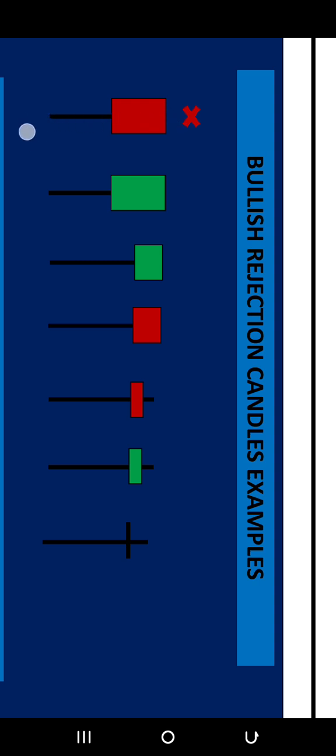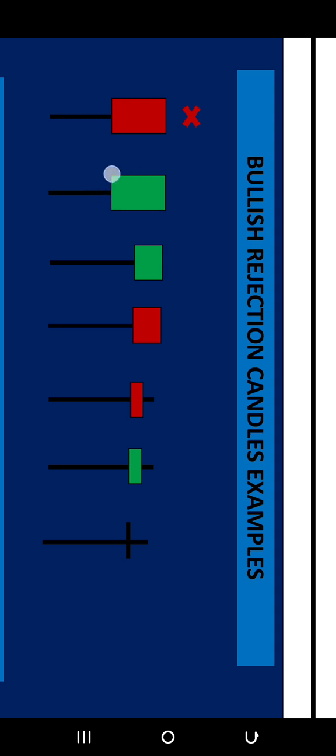So this fair value gap at the low pushes price upward, and this candle was able to close at this high before a new candle was formed. That is why we have this rejection part, which is the wick. Can you see it? This one is not a bullish rejection candle, because the body of the candle is almost the same as the wick.